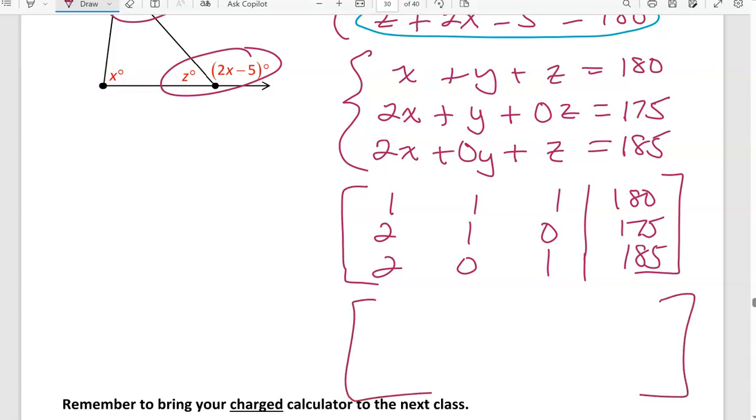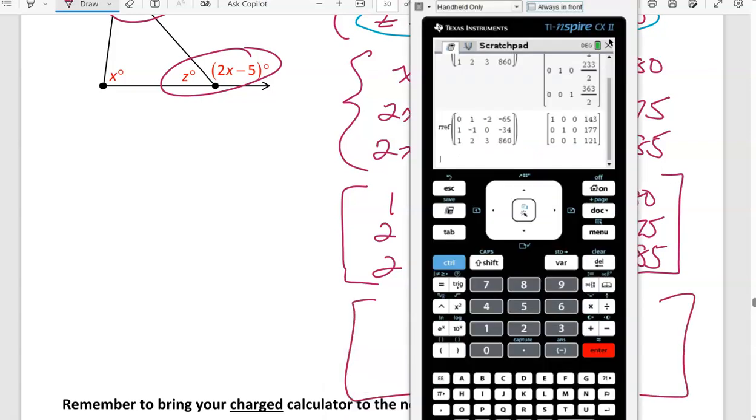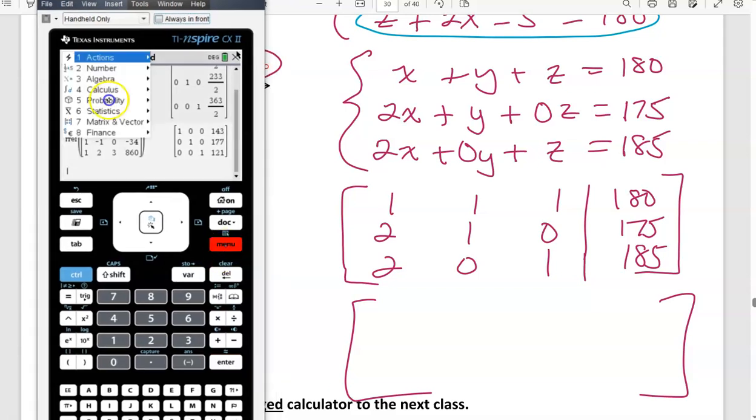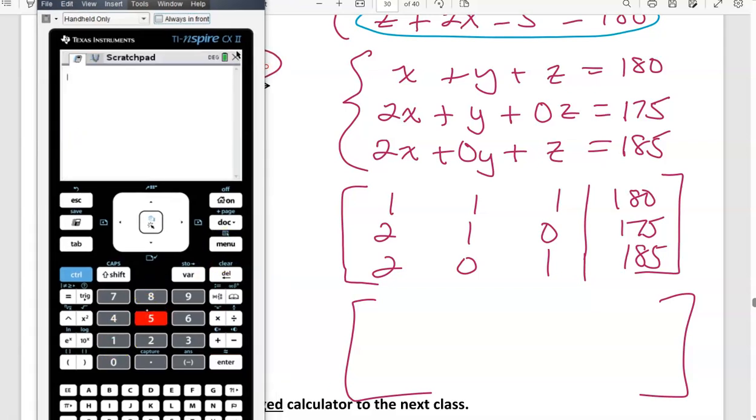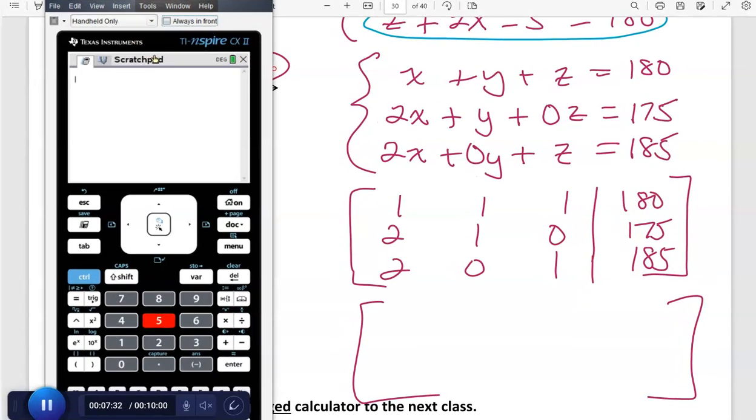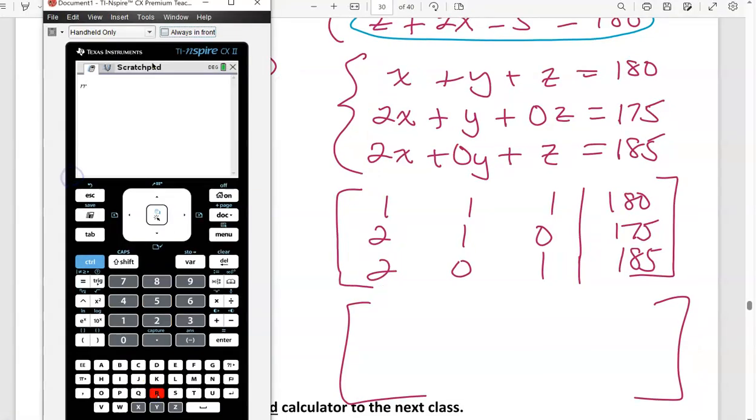And now let's let the calculator give that to us in reduced row echelon form. So RREF, open parentheses, and then we want the matrix menu to the right of the 9 key, and this will be a 3 by 4 matrix.